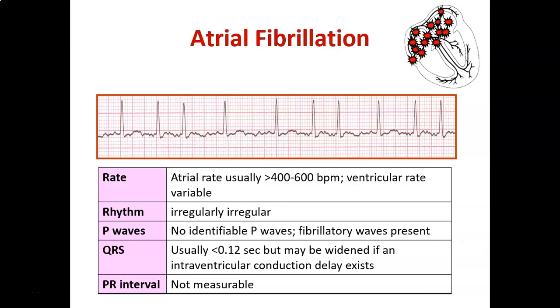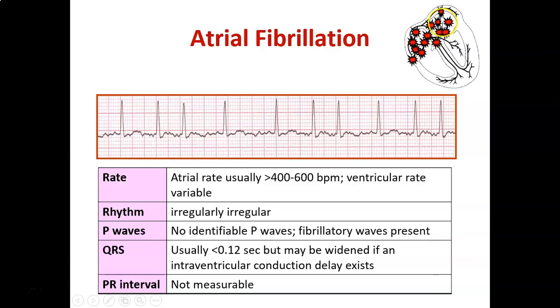So in atrial fibrillation, the sinus node goes into sleeping mode and it's completely taken over by ectopic foci, multiple ectopic foci in the atria. They are like children jumping on the bed.